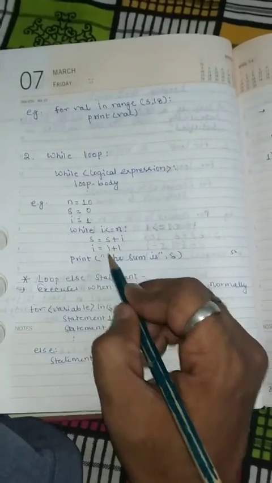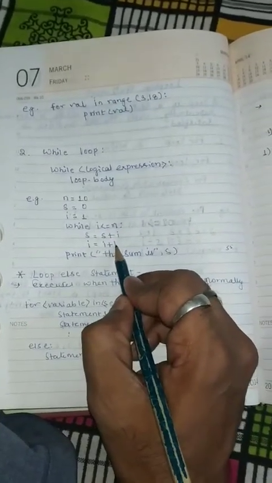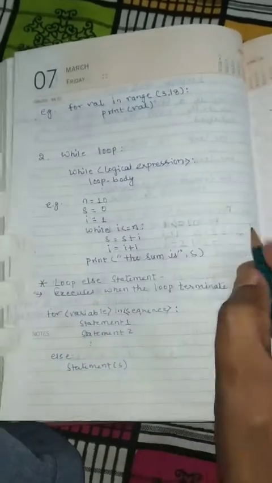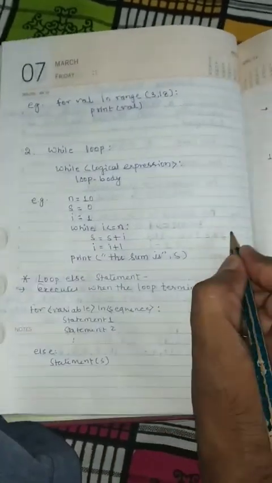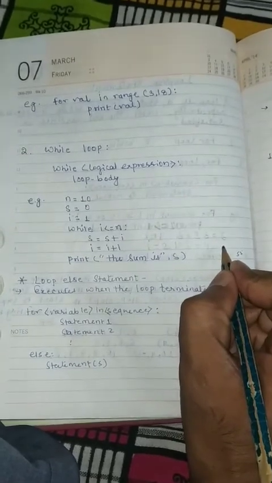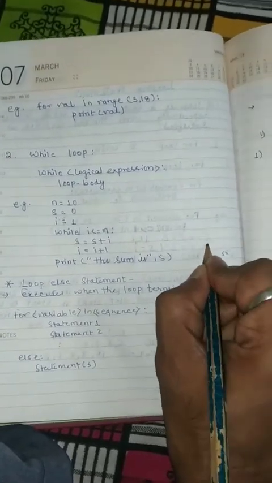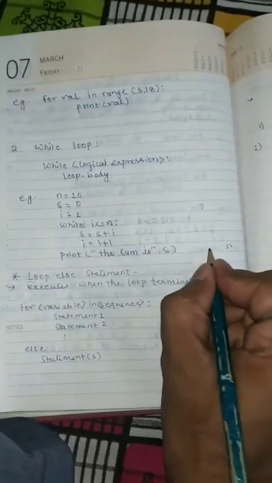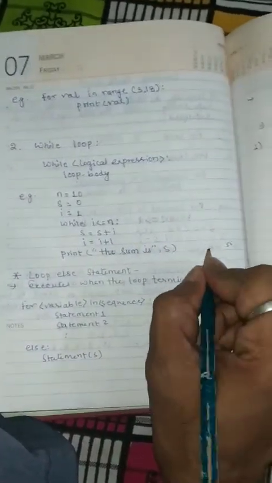When i's value is 10, which is equal to n, and s's value at that time is 45, so 45 plus 10, s value is 55.